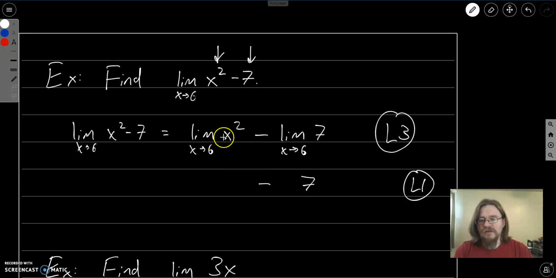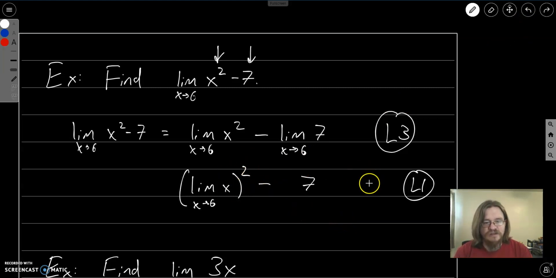So now we need the limit of x squared, and again, I'm taking my function here and I'm squaring it. So this is actually going to be the limit of x as x approaches 6, squared. And this was the second property that we saw.